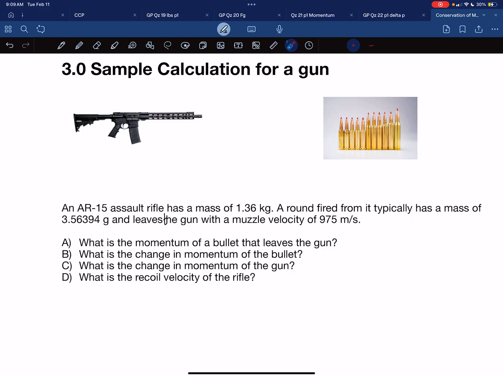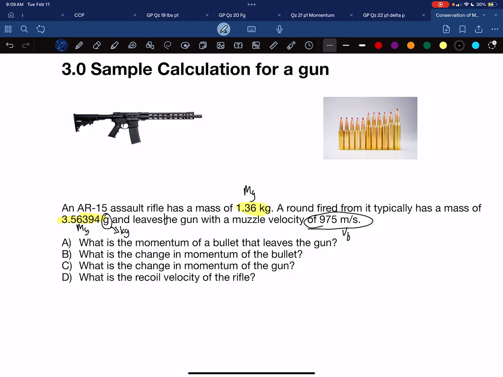In this situation, the rifle has a particular mass, the mass of the gun. A round is fired, which has a mass, the mass of the bullet. It's in grams, so we'll have to convert that to kilograms. Then we have a muzzle velocity of 975 meters per second, the velocity of the bullet.